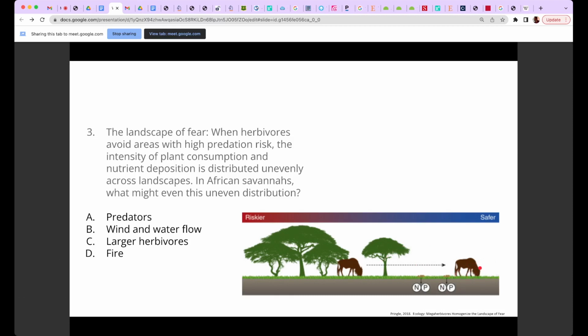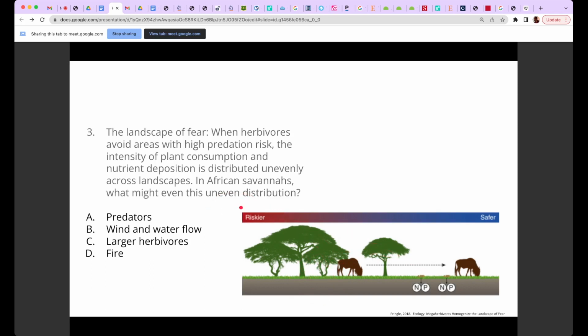So they would rather stay in the open areas than in the forest areas or under the canopy of the trees. But what happens with that is, all the scat or the dung that they defecate also stays in the open area, and the nutrients are never transferred into the closed canopy or the closed forest area.